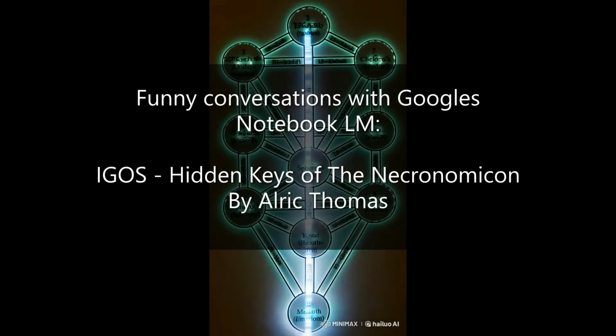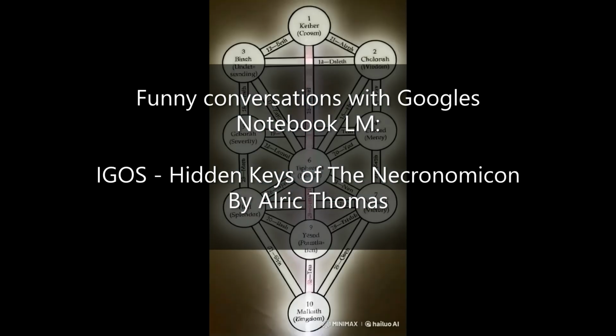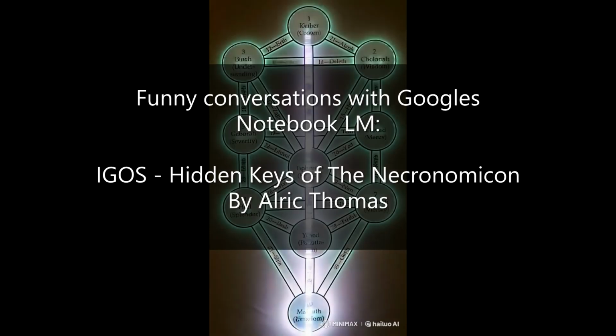Absolutely. And in many traditions, a mandal or a wheel is a symbolic diagram, often circular, sometimes square, used for meditation, visualization. Right, like in Tibetan Buddhism or Hinduism. Exactly. Or for mapping cosmic structures, spiritual hierarchies, even psychological states. And here it's presented as the fundamental framework of the Necronomicon, at least as IGS understood it. So it's their map.